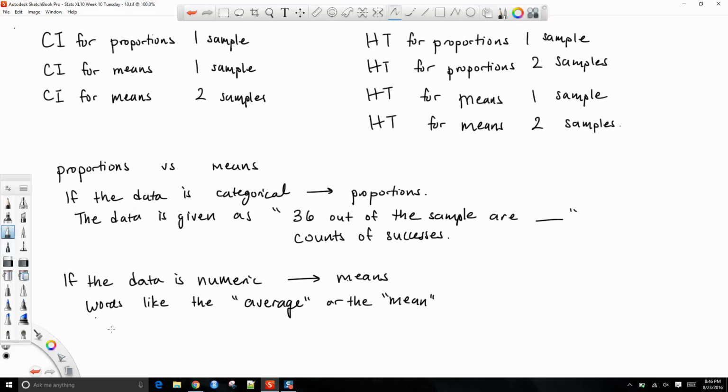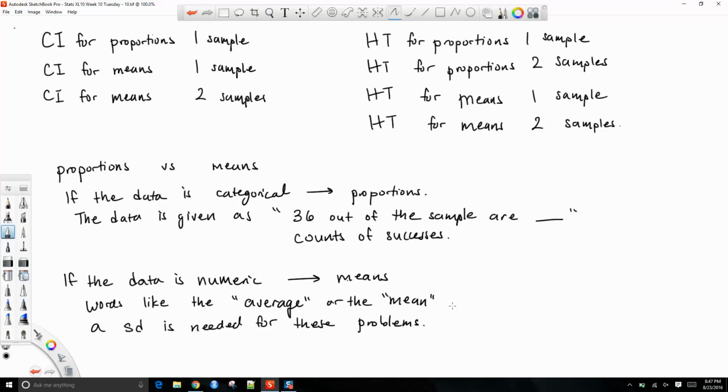So if you can't find a standard deviation anywhere in the problem, chances are it's not a means problem. This sounds very basic, but every quarter some students mess this up, so you don't want to mess these things up.